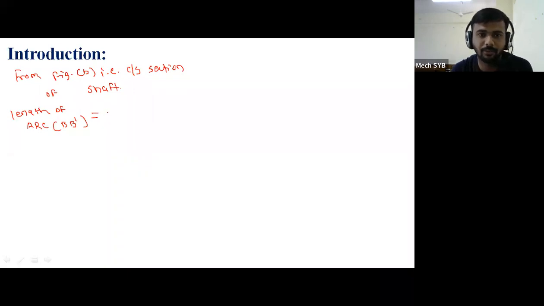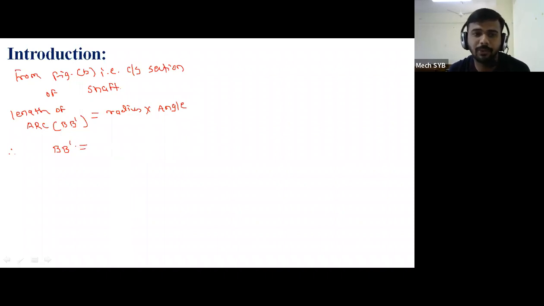Length of arc is equal to radius into angle. Radius of shaft into angle subtended. How much amount of twisting is taking place? त्या आलेल्या ट्विस्टिंगला जर आपण रेडियस ने मल्टिप्लाय केलं तर you will get the length of arc, and that length of arc will be considered as a B dash.